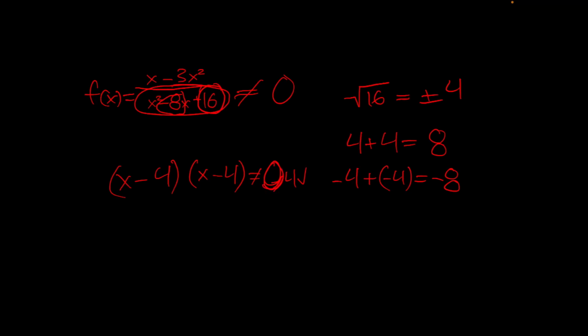Which means that x minus 4 cannot equal 0, and the other x minus 4 cannot equal 0.